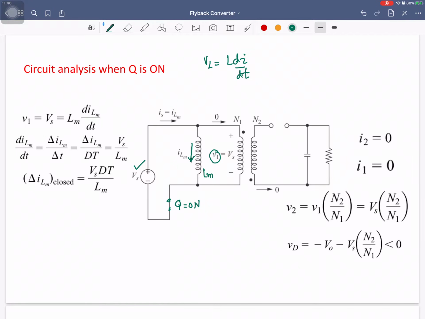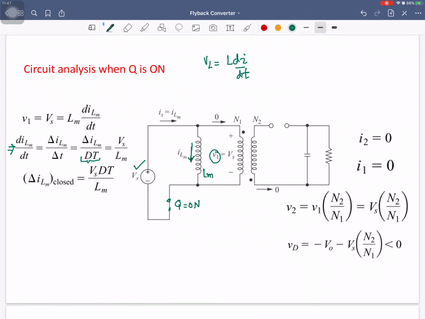So the rate of change of current will basically determine the voltage across this inductor, the induced voltage. So I can write it like that: dILm by dt, that is differential of ILm by delta t, should be equal to delta ILm by delta t.